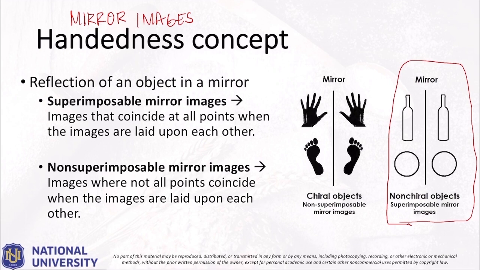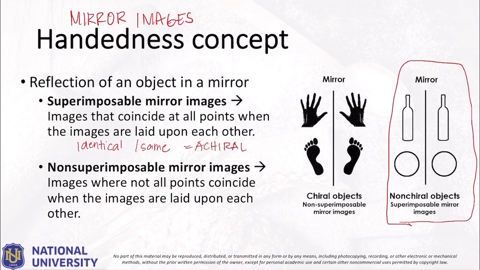Identical. Same. And we call it achiral, or non-chiral objects. Those are superimposable mirror images.